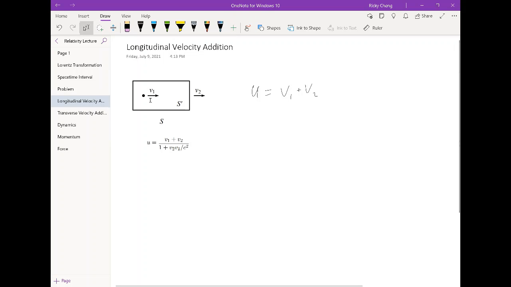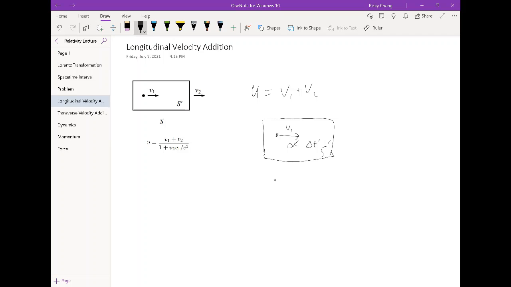Suppose that the object inside S prime moves a distance of delta x prime during a time of delta t prime relative to S prime.